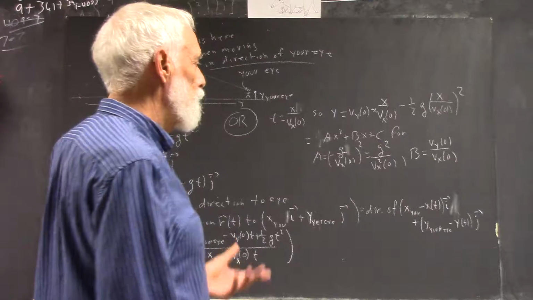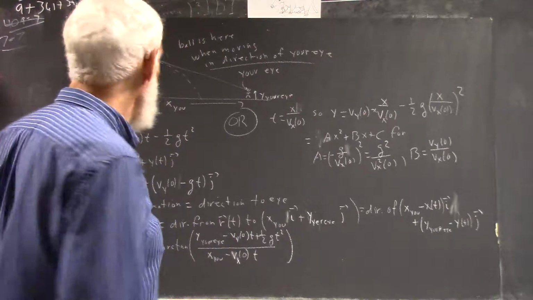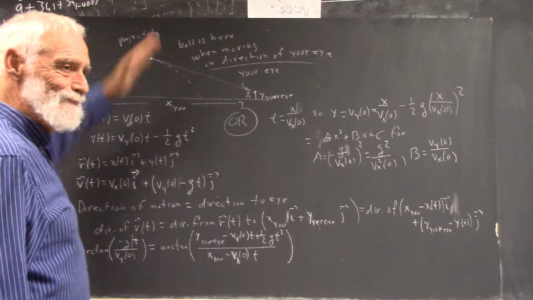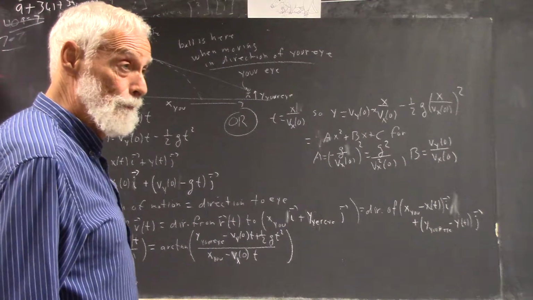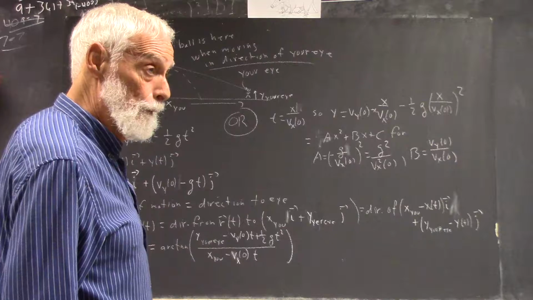B is Vy of 0 over Vx of 0, which is the slope of the initial vector, right? V of 0 vector, okay?